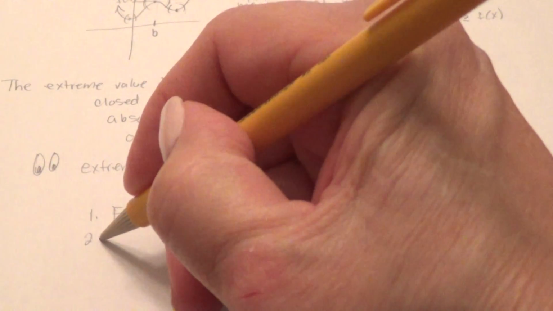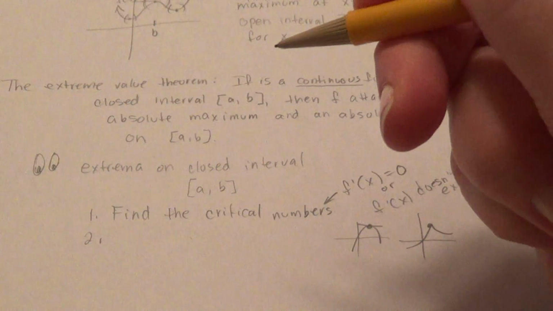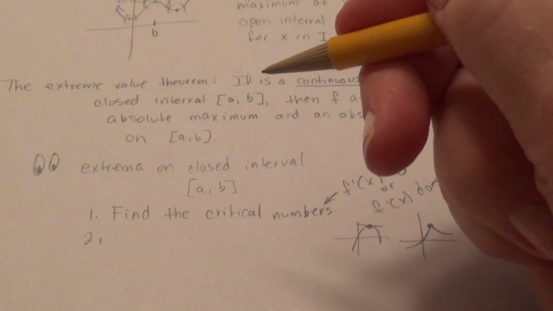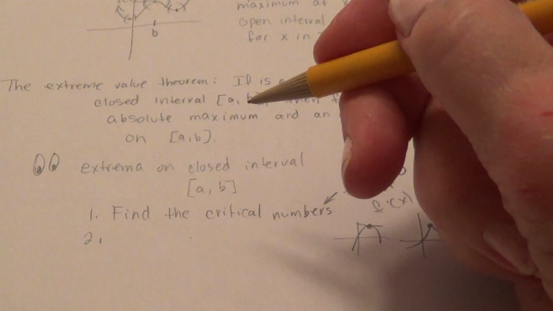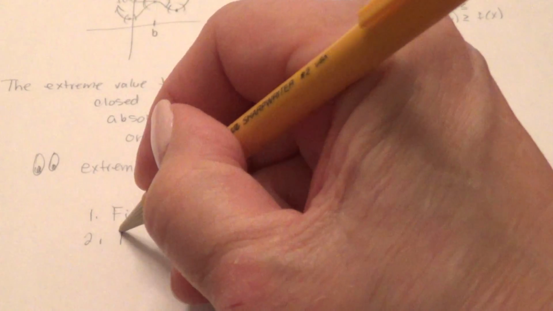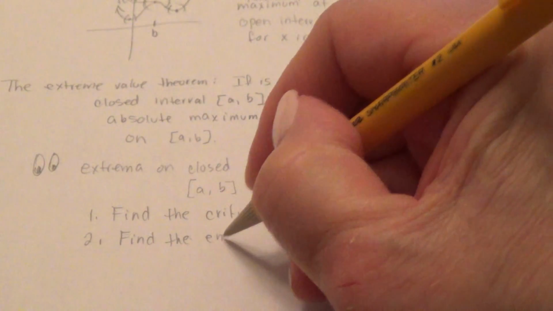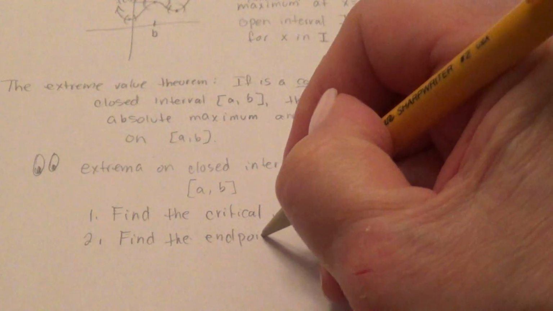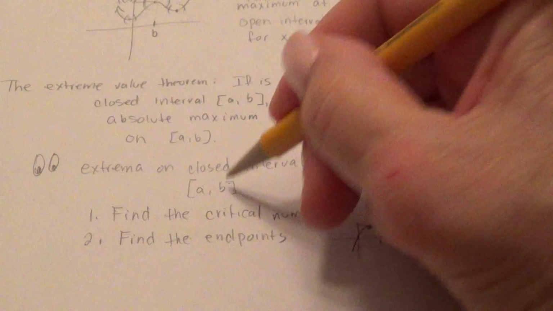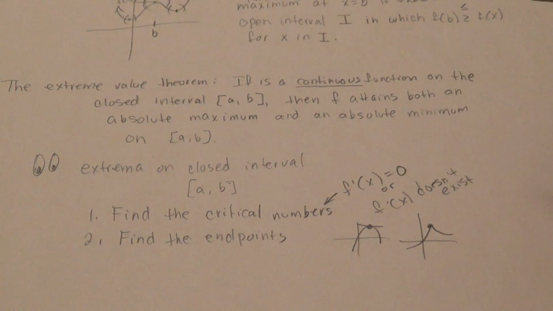We're also going to look for our extrema at endpoints. So we're going to look right at a and right at b.